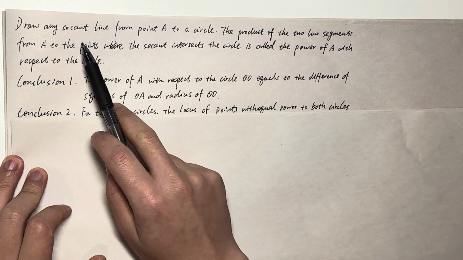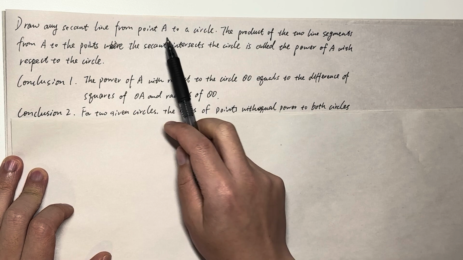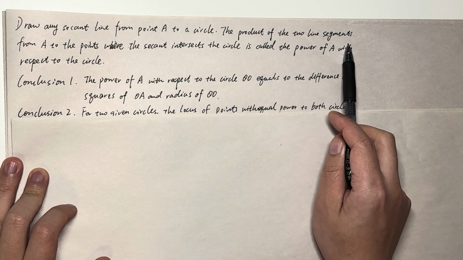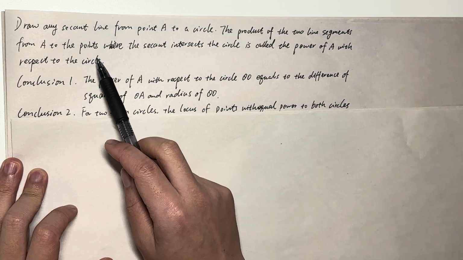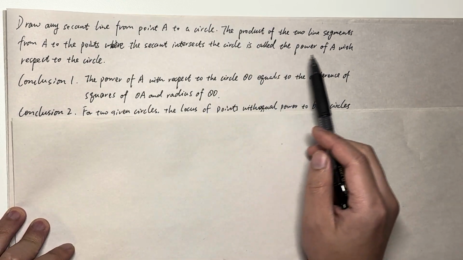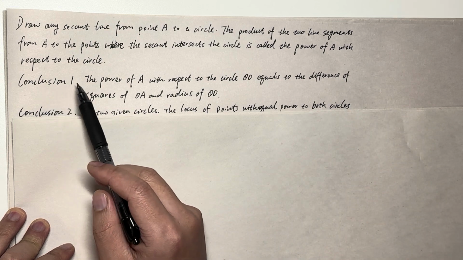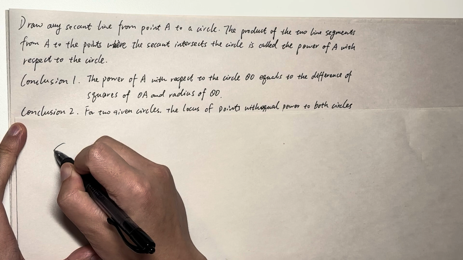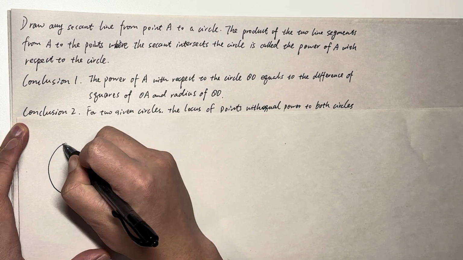Draw any secant line from point A to a circle. The product of the two line segments from A to the points where the secant intersects the circle is called the power of A with respect to the circle. I think we're already familiar with this from basic geometry class.